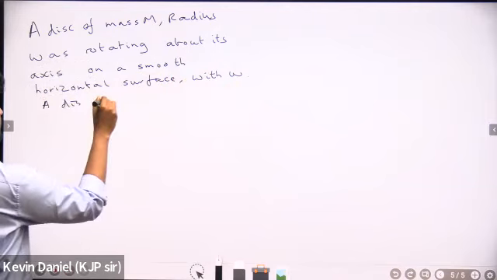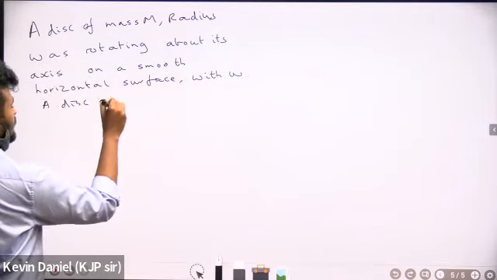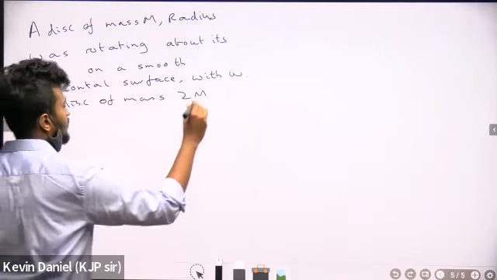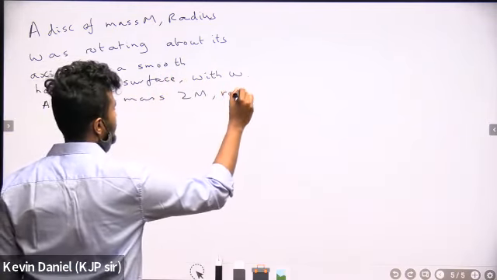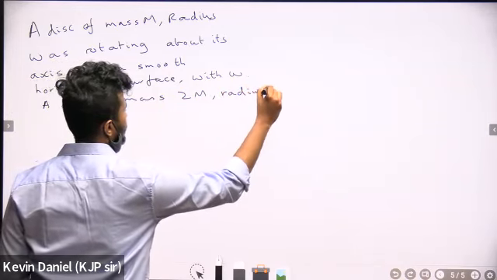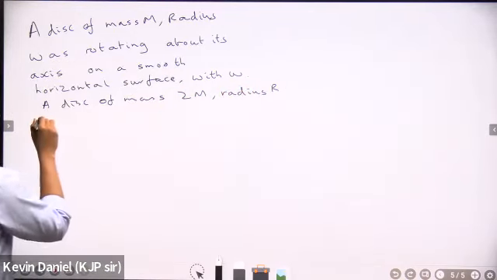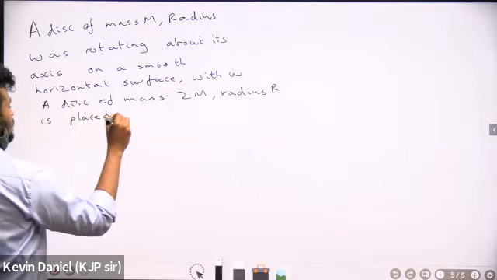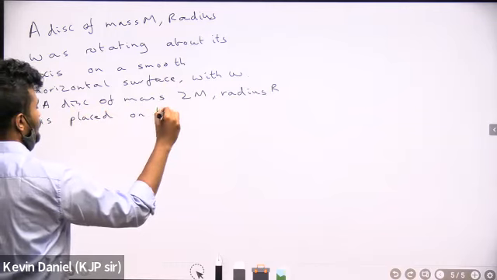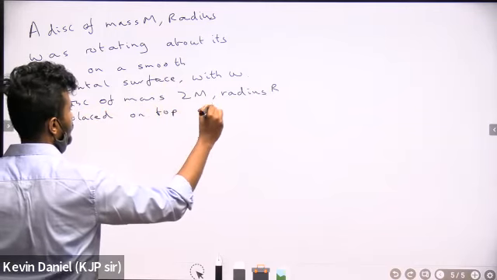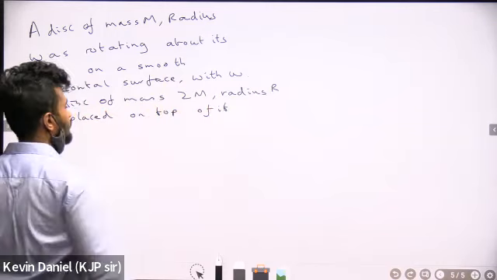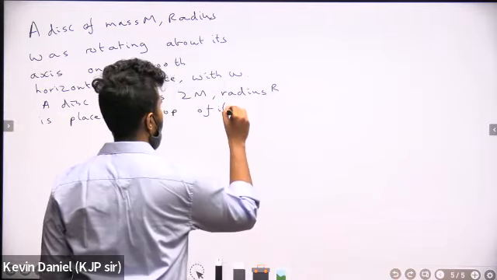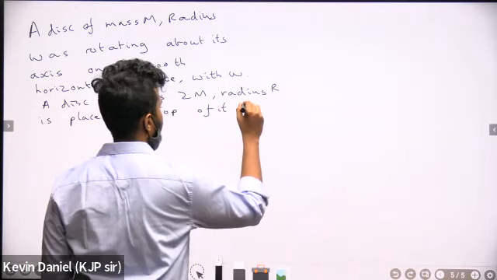A disk of mass 2m and radius r is placed on top of it. Okay.